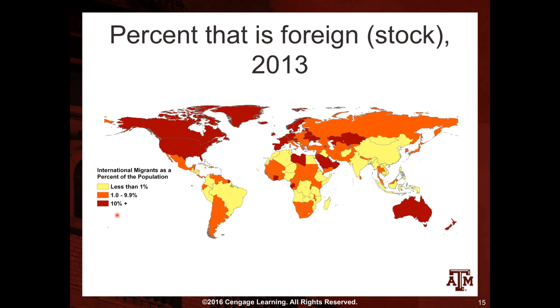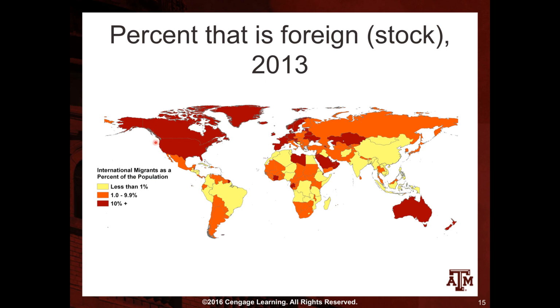So in this case, the countries in red have at least 10% of the population as international migrants. The ones in orange have between 1 and 9.9%, and the ones in yellow have less than 1% international migrants in their population.